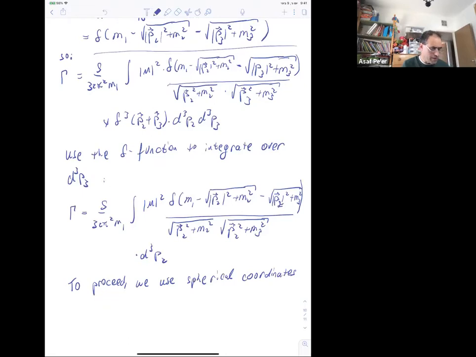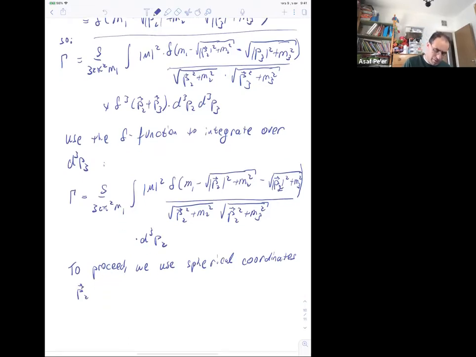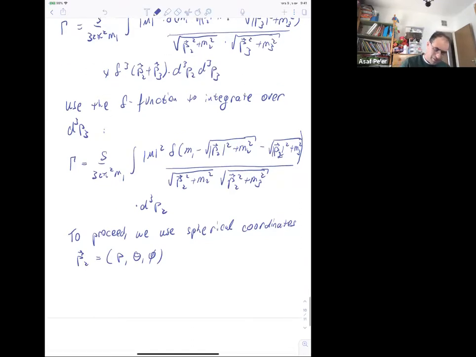So P2 vector, I will write using P, theta, and phi. That is always allowed, and it's useful because everything here depends on the magnitude of the vector.